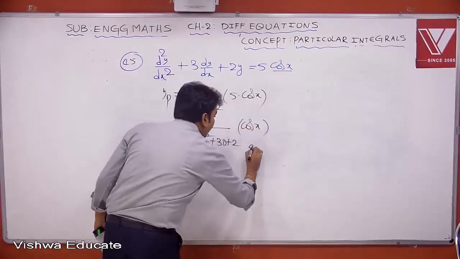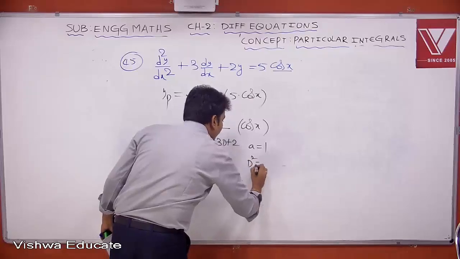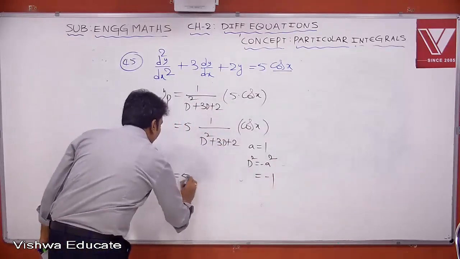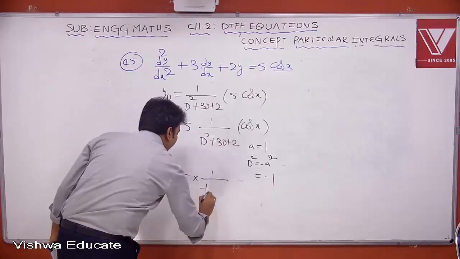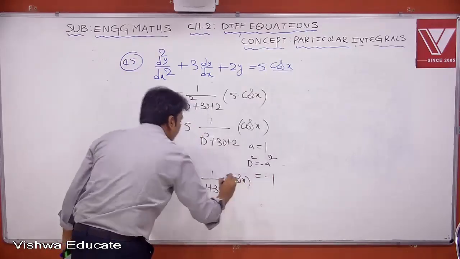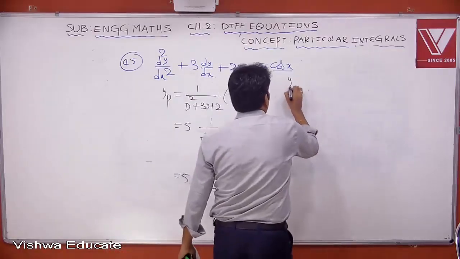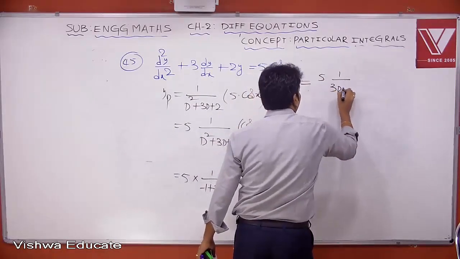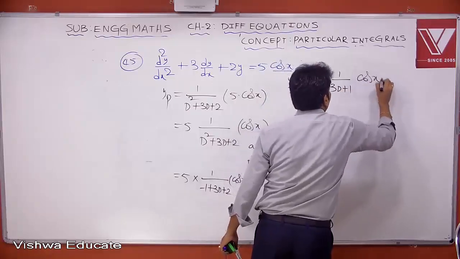Here the a value is 1, so d square is replaced by minus a square, which is minus 1. So this is 5 into 1 by minus 1 plus 3d plus 2 of cos x. Therefore yp equals 5 into 1 by 3d plus 1 of cos x.